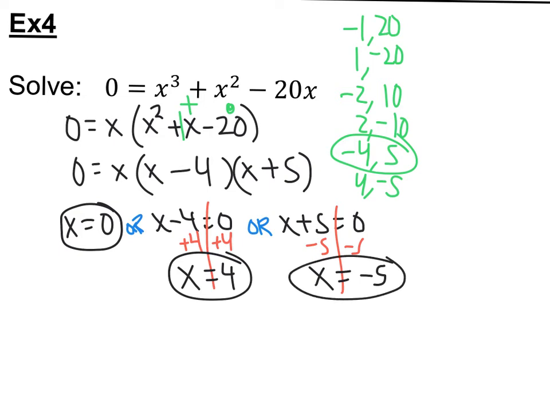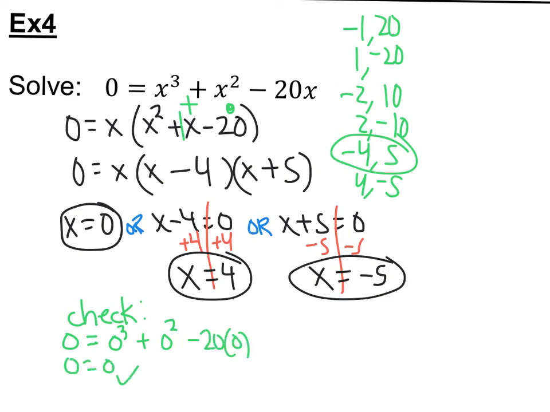Normally you could stop here, but we'll do a check. And when you have 3, it's just a little tedious, but this is fine. Instead of rewriting the first equation, I'm just going to replace the x's with zeros right away, and you can see that each term has a 0 in it, so when you simplify the right side, you do get 0.